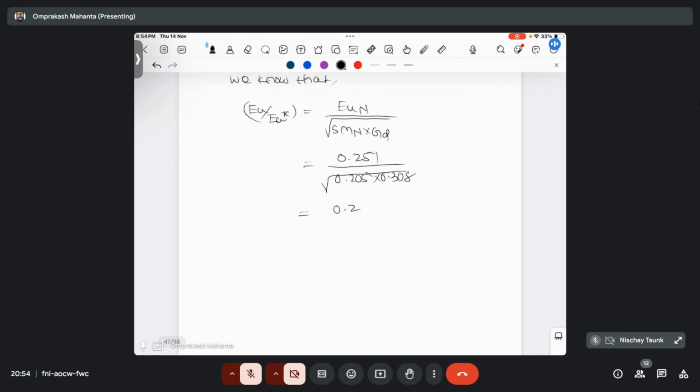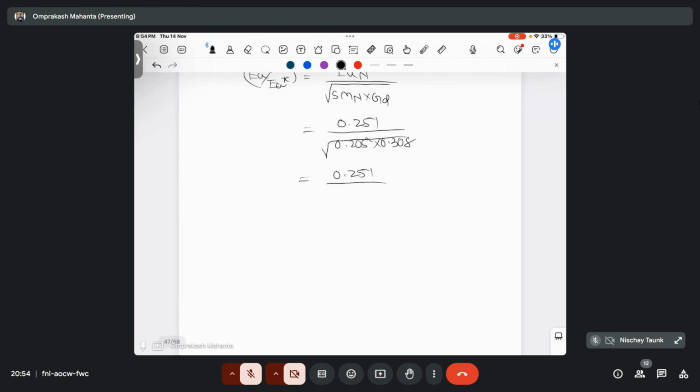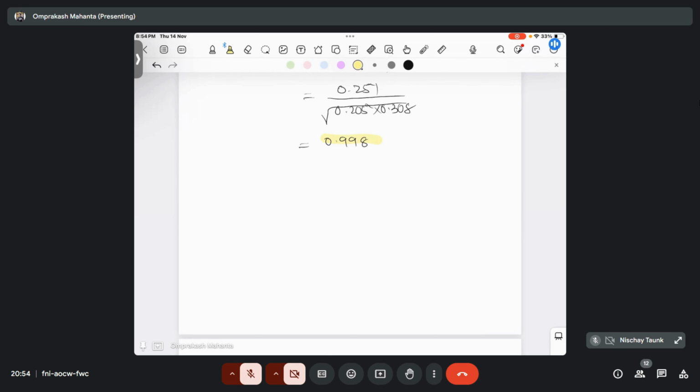So 0.251 divided by that, the answer will be 0.998. And the value is basically what, greater than 0.95 or less than 0.95? It's less than 1, no? So it will be a negative anomaly only.